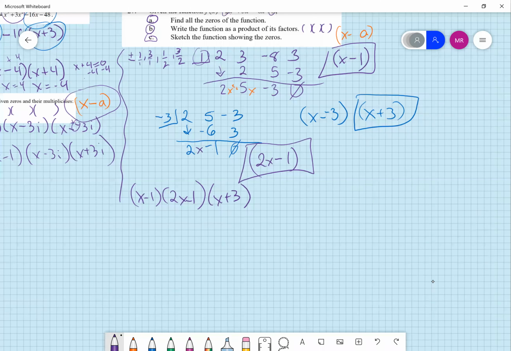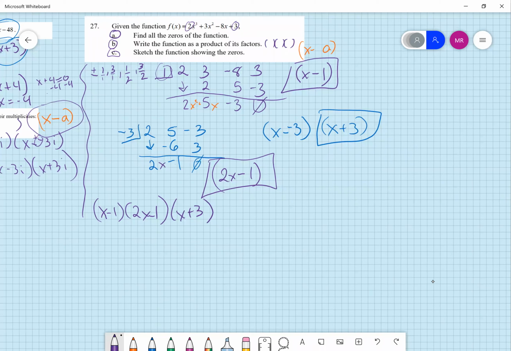If we set each of these factors equal to 0, x minus 1, we add 1 to each side, that means that 1 is a real root. And it's an odd multiplicity, so we know that it crosses there. Now we take 2x minus 1, set that equal to 0. We add 1 to both sides. That gives us 2x equals 1.